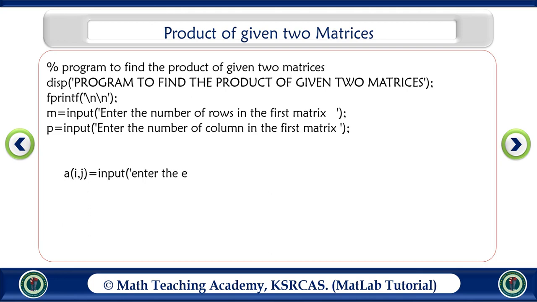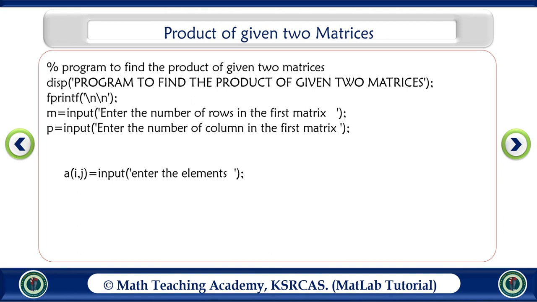It is achieved by the command a of i comma j is equal to input 'enter the elements'. This command will display the text enter the elements on the command window and wait for the user to enter some numeric value. After the user has entered the numerical value, that value will be stored in the variable named a of i comma j. Here why have we used a of i comma j?